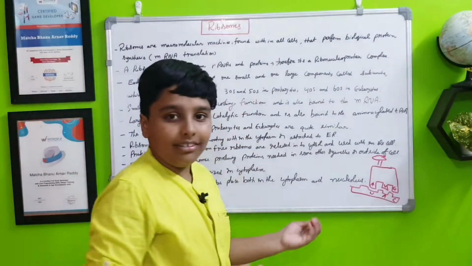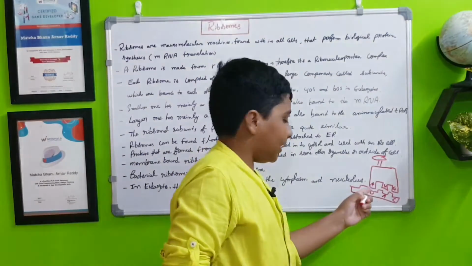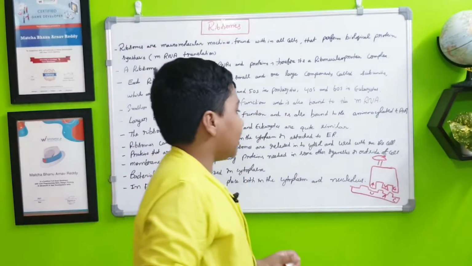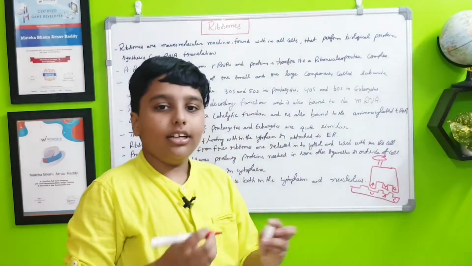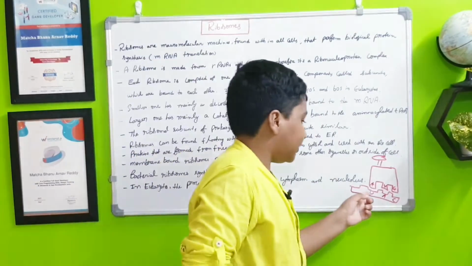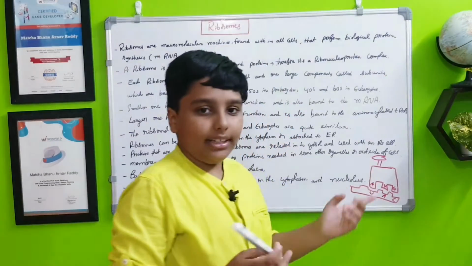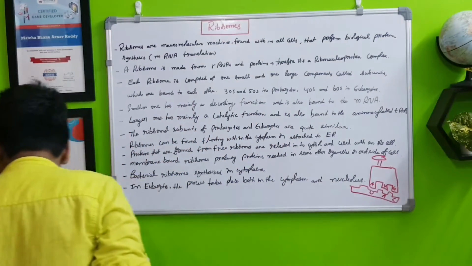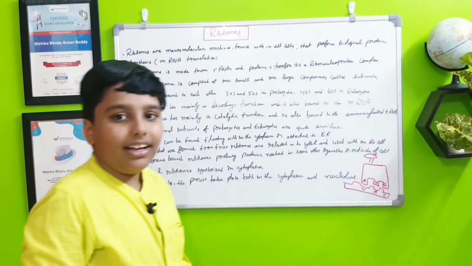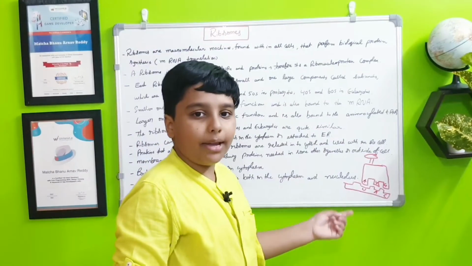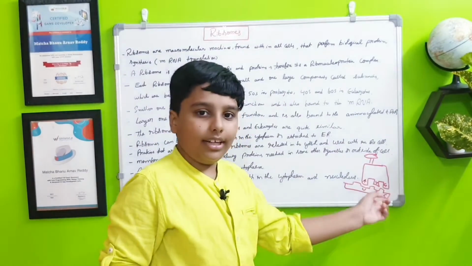And the information here is related to the amino acid it is carrying. So this must be connected with only that amino acid. A specific type of amino acid has a different type of code in the codon.